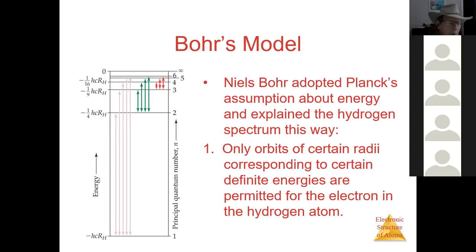Okay, basically, Bohr saw these lines. And what he came up with was, if there are lines here, then there must be very distinctive energy levels that an electron can occupy.